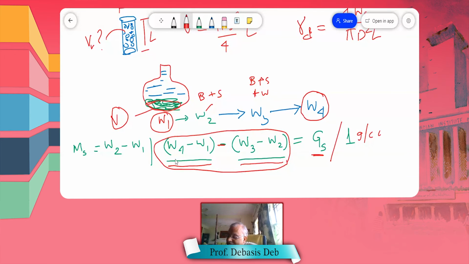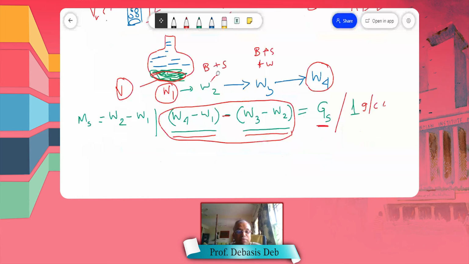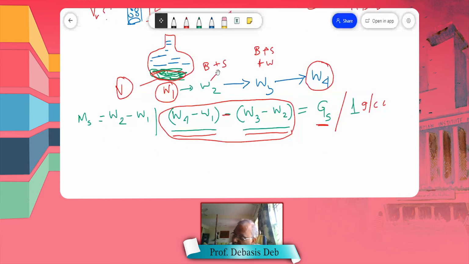So this gives me the total volume of those solid particles. Now I will ask you what principle it is following, and you know that principle. So now what I will know is this Gs.